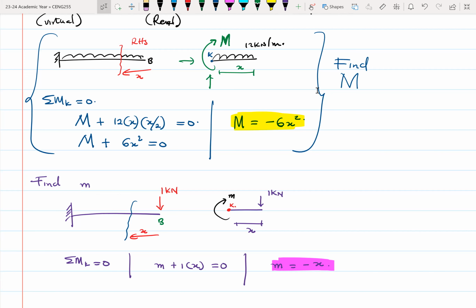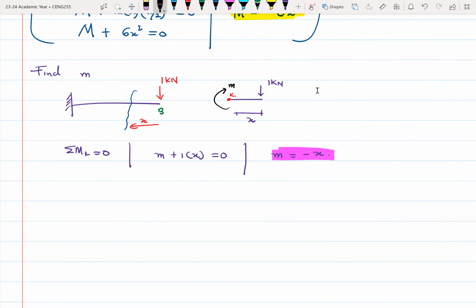So my 1 times delta, in this case delta at B, is the integral from 0 to L, where L is 10 meters, so just 0 to 10, of small m, big M over EI dx. Small m is minus x, big M is minus 6x squared.